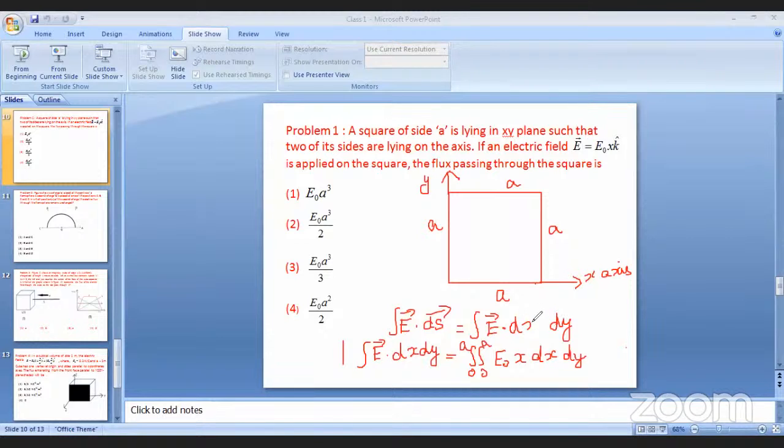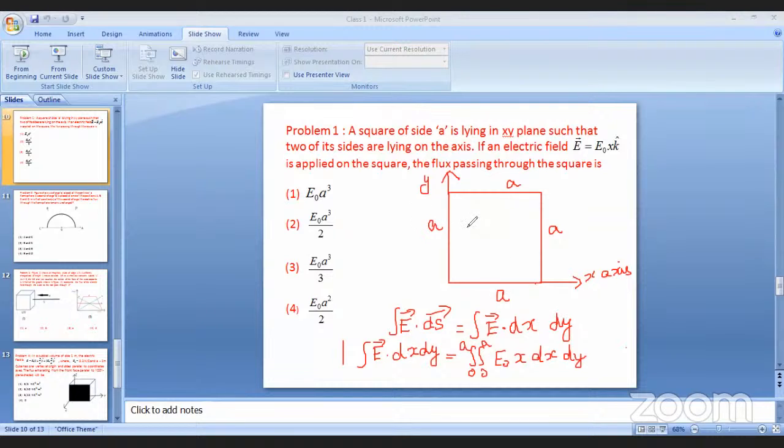So E dot dx dy is E naught x into dx dy, with integration limits 0 to a. Now I have to apply the limits for dx and dy separately. E naught is a constant, so I can take it out.